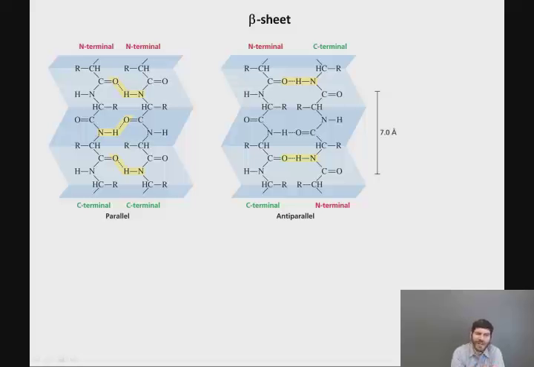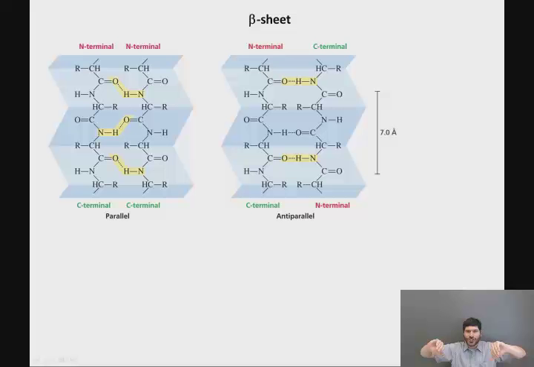So if it's a parallel beta sheet, the NH and the CO are not exactly right next to each other. They're slightly offset. And you have enough room for one R group in the middle, the other one going to the outside. For an anti-parallel beta sheet, they line up perfectly. The NH and the CO line up perfectly.